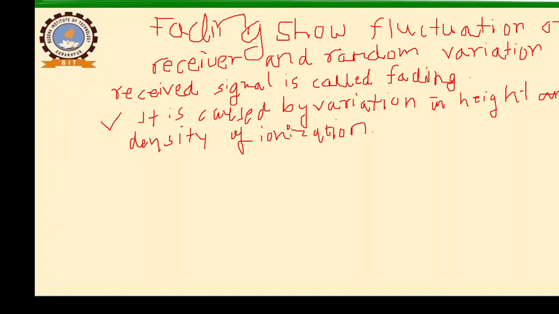Fading shows fluctuation at the receiver, and random variation in the received signal is called fading. It is caused by the variation in height and density of the ionization. Fading is also produced by interference of two waves, with variation of a few dB.